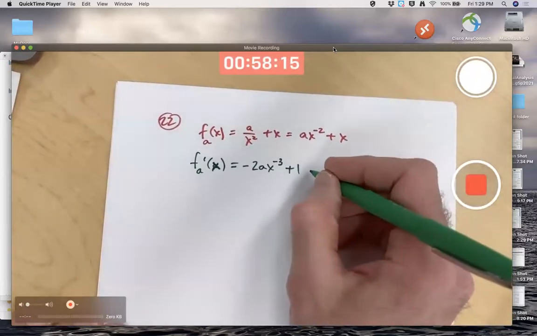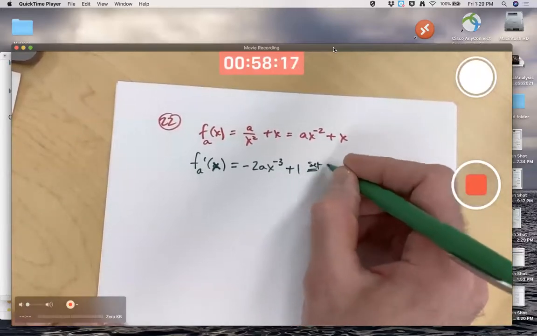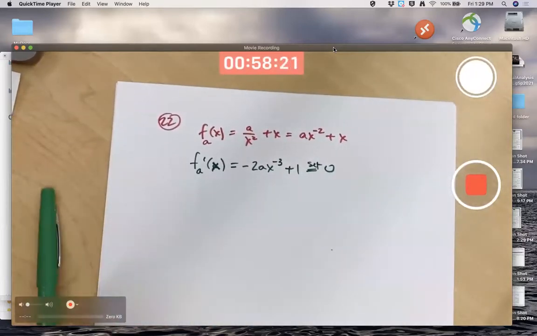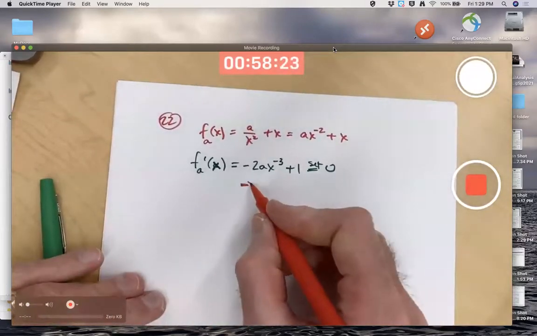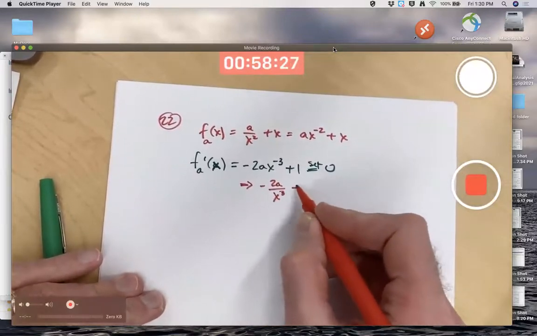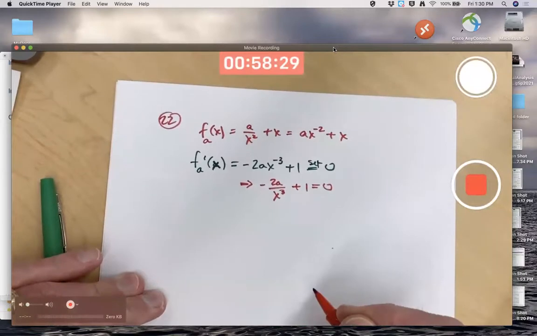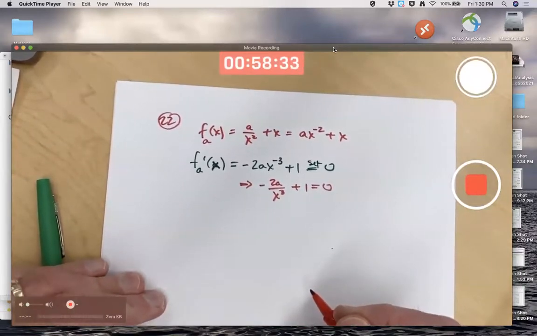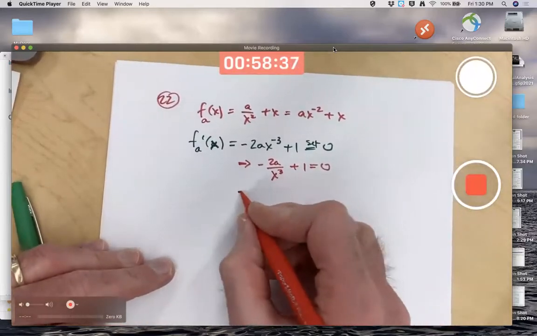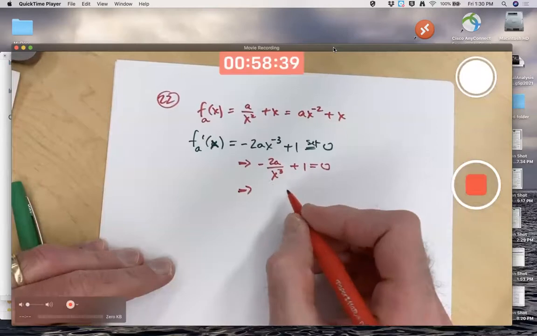Though, if you're going to set this equal to 0 and solve for x, then it might be better to write this as a fraction. Not that you have to, it might be helpful. Like that. x to the negative 3 power is the same as 1 over x to the positive 3. How do you solve for x here? You can think of it a couple ways.